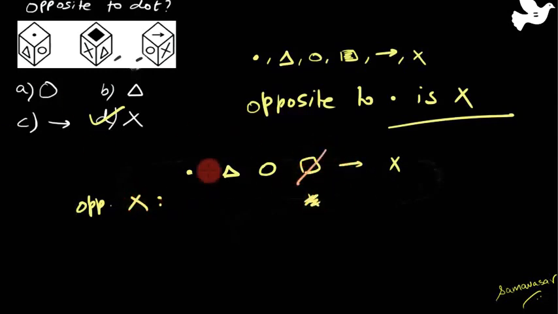So this is not opposite to X. Then I have a triangle in this view, not because this is adjacent to X, so I strike out triangle. Here I come, the circle is also adjacent to X. Circle gets struck out. Arrow, strike out. X itself cannot be opposite to X. So what is opposite to X is the dot. And what I was asked was, what is opposite to the dot? It is simply the symbol X.